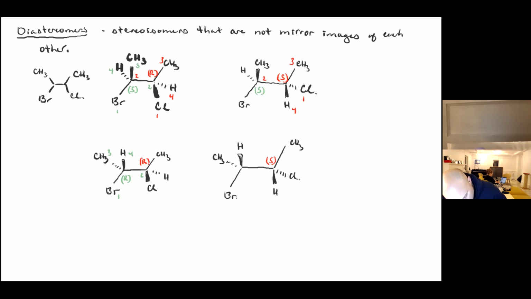So this is R. Okay. So these are the 4 possible stereoisomers of this molecule. In general, for a molecule with N stereocenters, you can have up to 2 to the N possible stereoisomers.